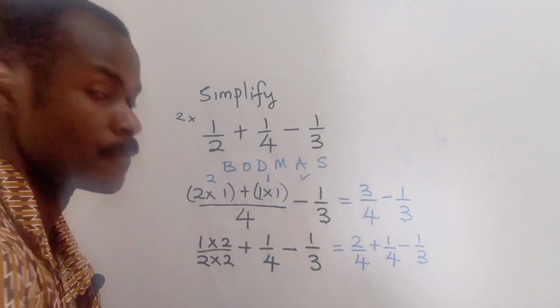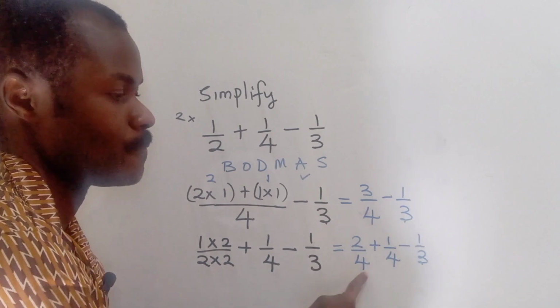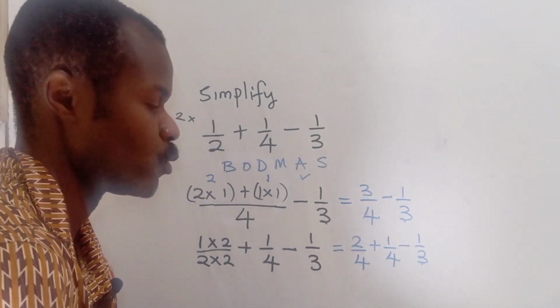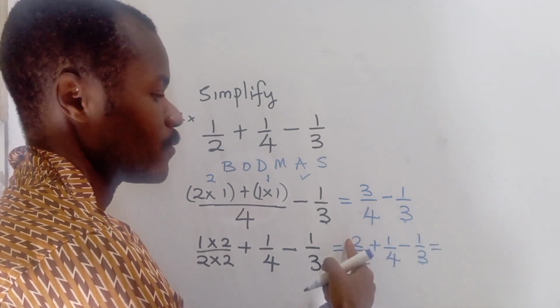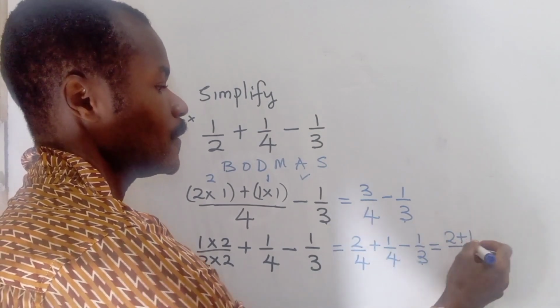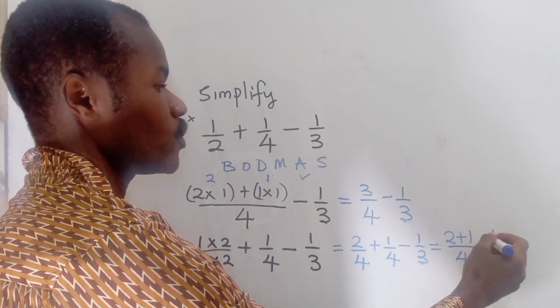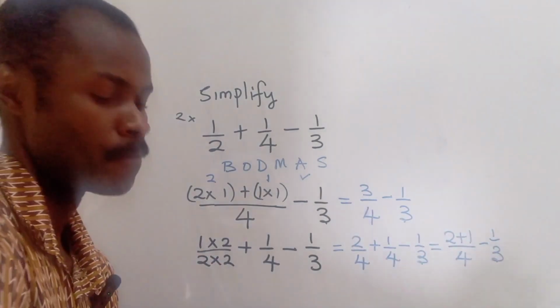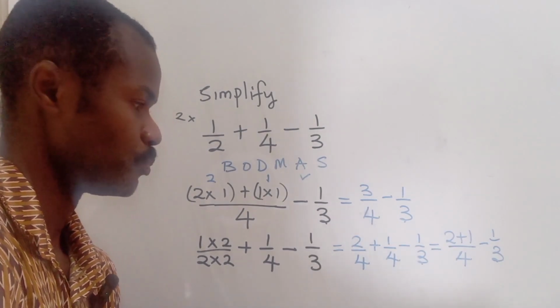So you can see from this part that now since the denominators are equal, you want to pick one. So that will be equal to 2 plus 1 divided by 4, minus 1 over 3. So that is using equal denominator.